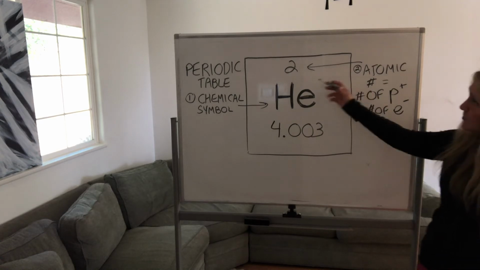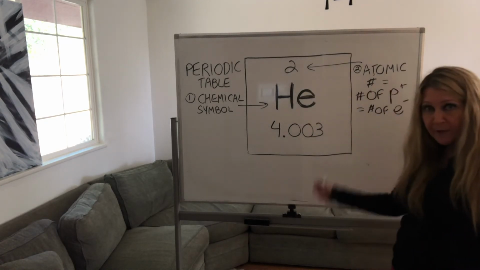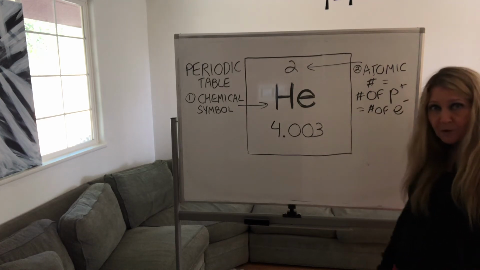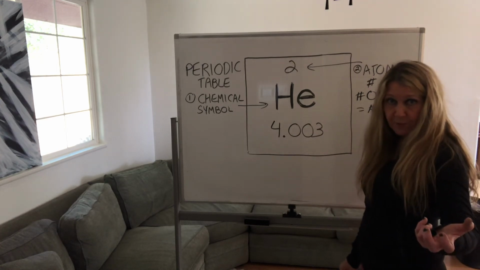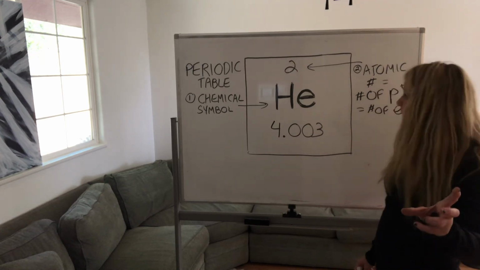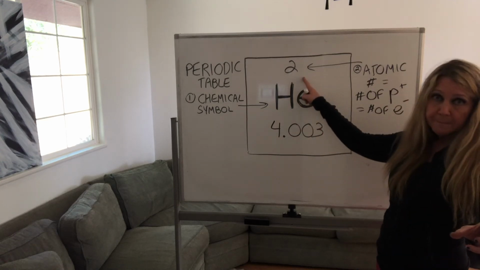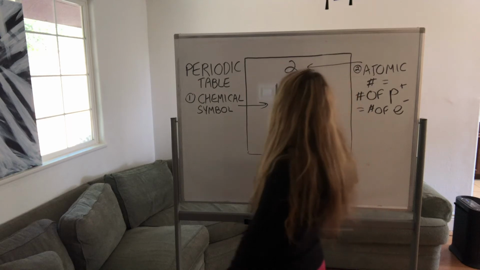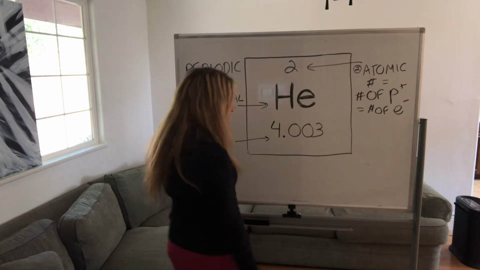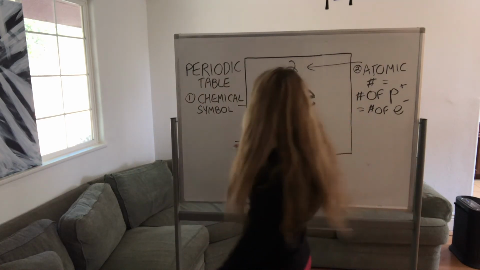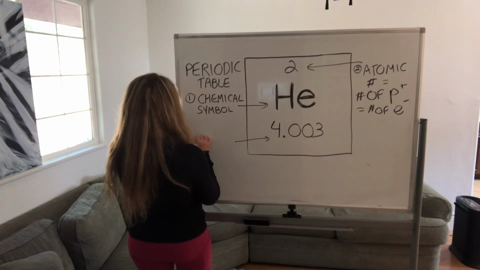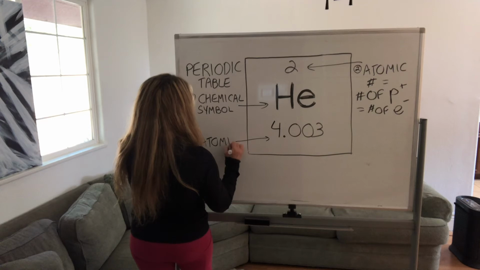So just from this atomic number we already have the number of protons, but it's also the number of electrons. So it's the same number. Atomic number. And the number below, or the larger of the two numbers, is called the atomic mass number, or atomic weight.